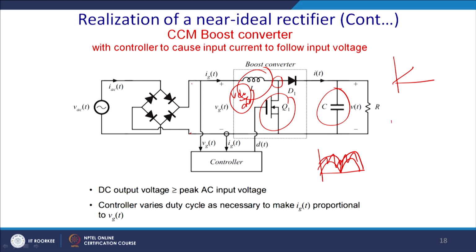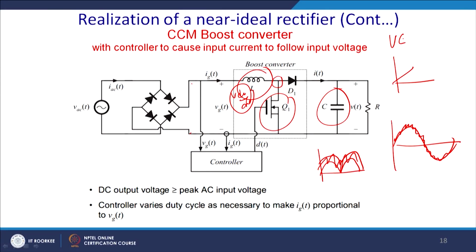So, ultimately on the input side you will get a lot of switching, and this switching will be mitigated by filtering the switching harmonics, and if you can keep the switching frequency very high, then you can get boosted DC from AC, and the power factor and power quality issues are addressed totally.